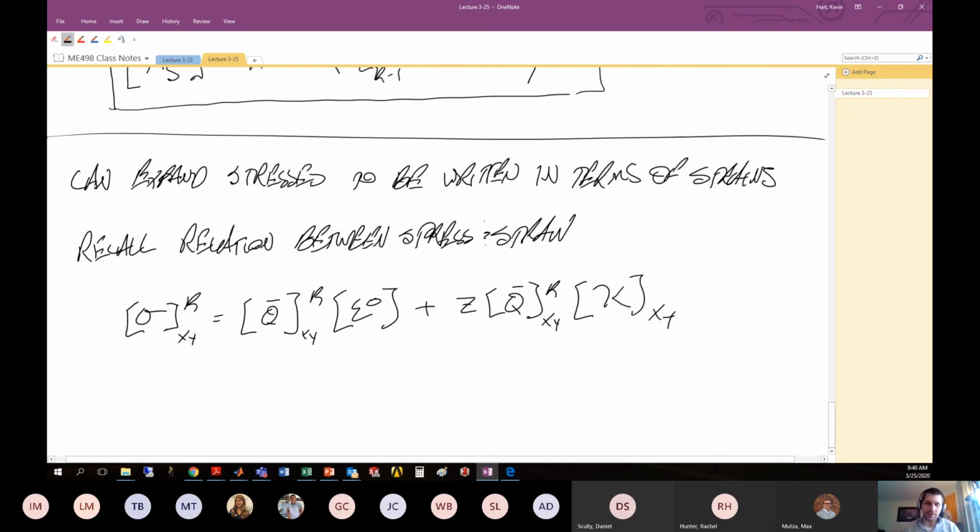So this is our relationship between the stress in layer K and the general strain inside of the laminate. This is something that I discussed back on slide 10, I think it was.